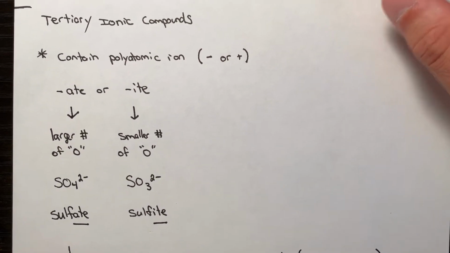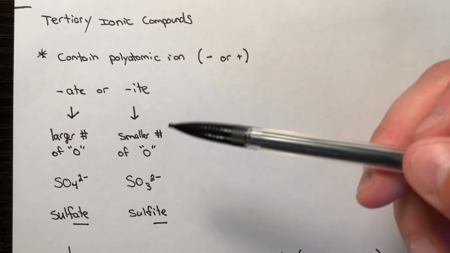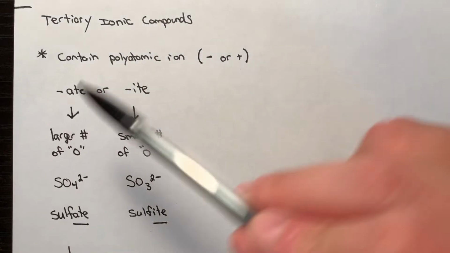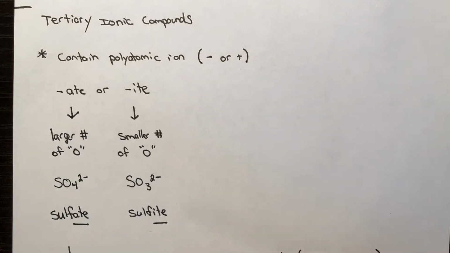So anyway, the way to recognize that there is a polyatomic ion present is that rather than that "ide" suffix we saw a moment ago, we're going to see an "ate" or an "ite" suffix. And all this really denotes is the relative number of oxygens present within these polyatomic ions.